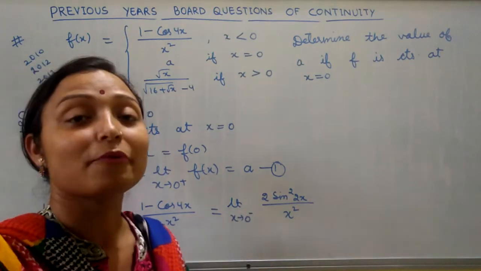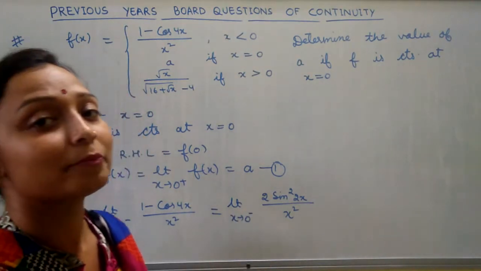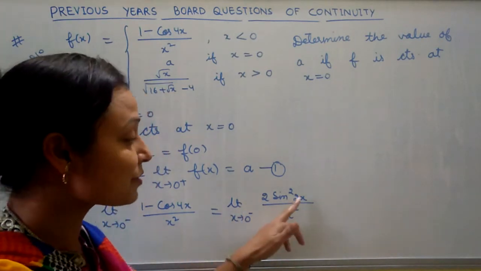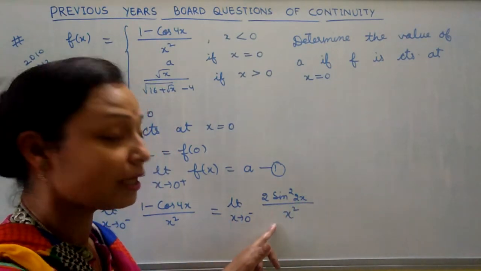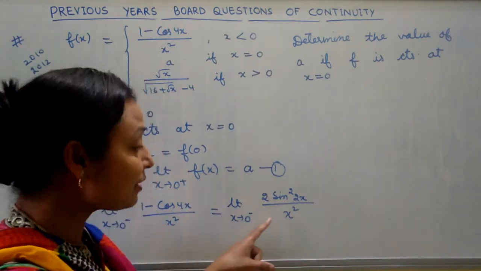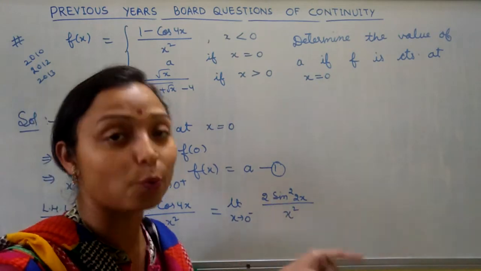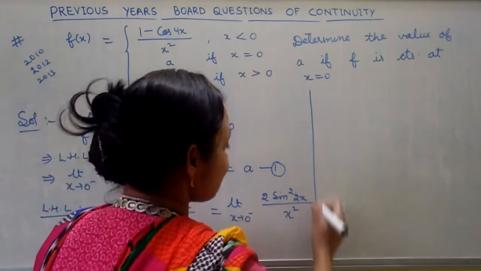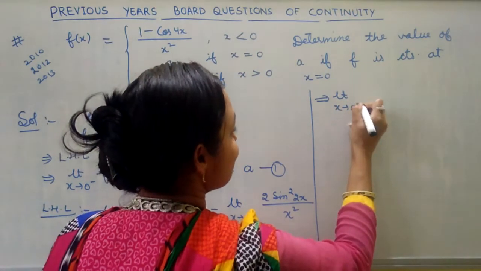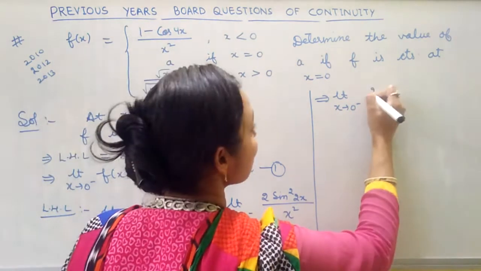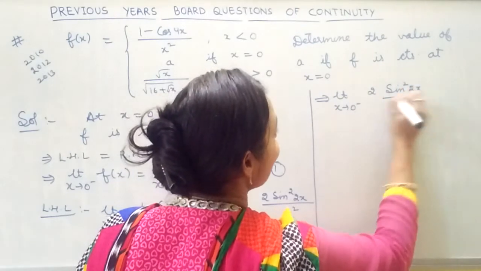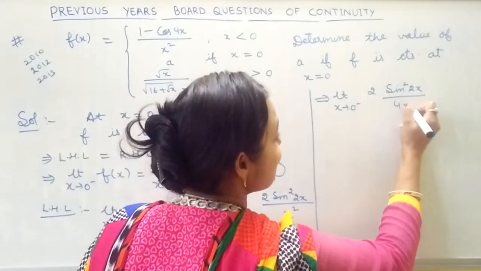Now there is a result of your sandwich theorem that comes from limits and derivatives in class 11th. If the same terms are there, you have to take the value of the limit equal to 1. So I will change this x into 2x. Like this is the way to take limit x approaches 0 negative 2 sine square 2x. I want 4x square.